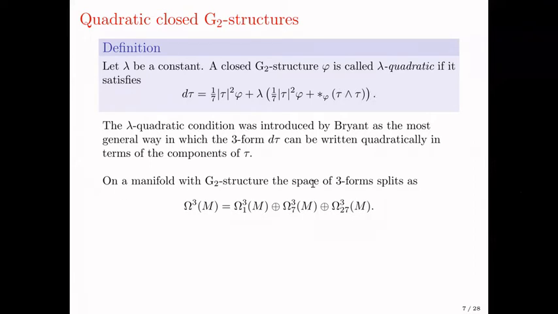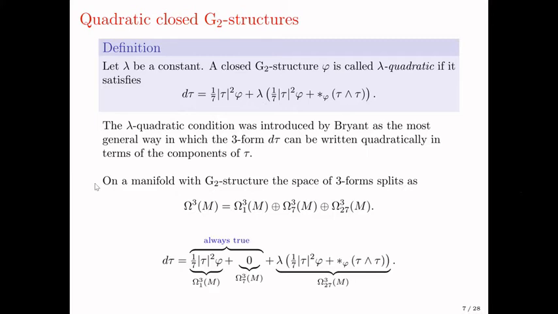On a manifold with G2 structure, the space of 3-forms splits as a representation of G2 into a 1-dimensional piece, a 7-dimensional piece, and a 27-dimensional piece. So we can look at d tau as specified by this equation and ask which piece each term belongs to.